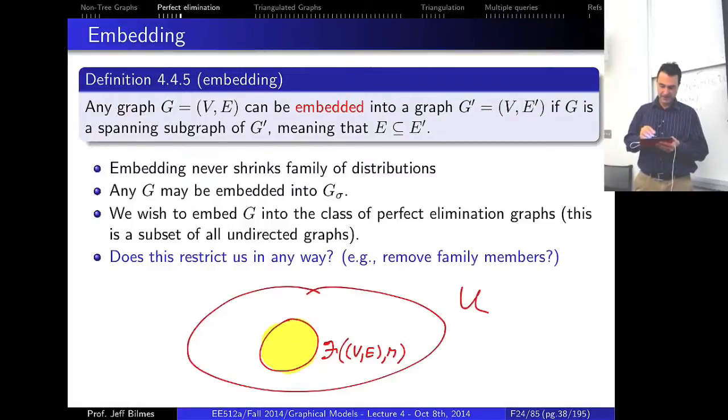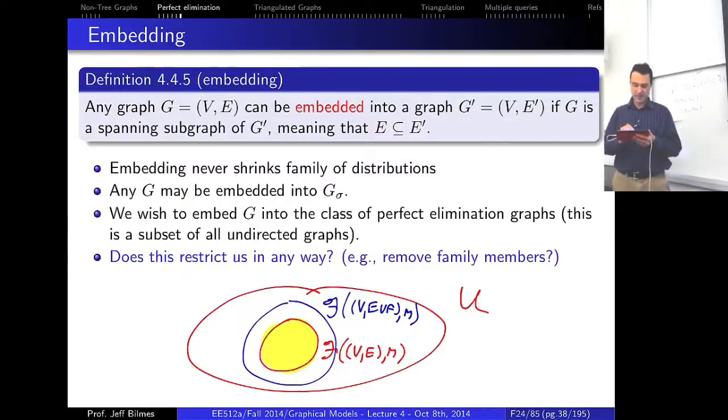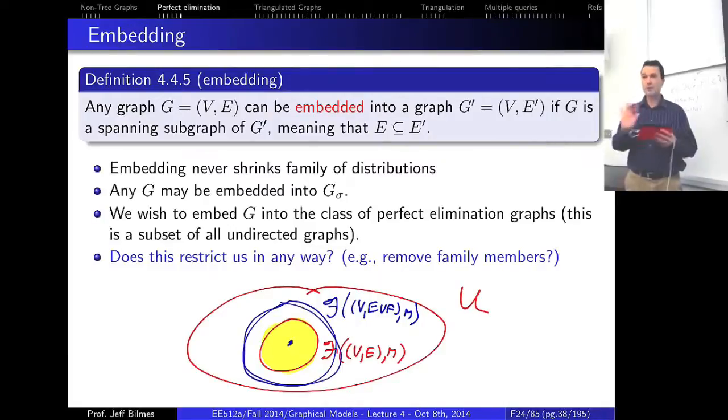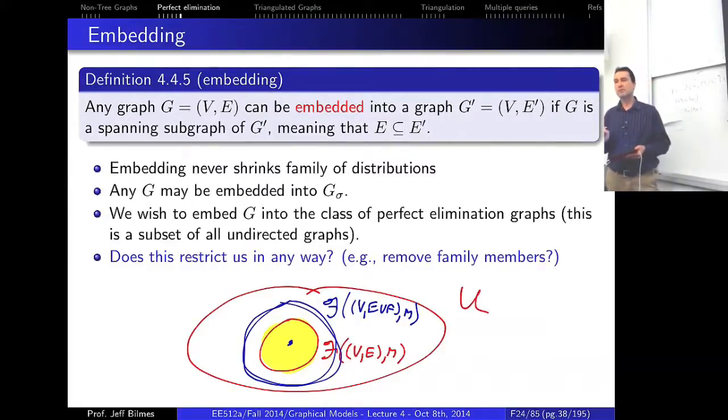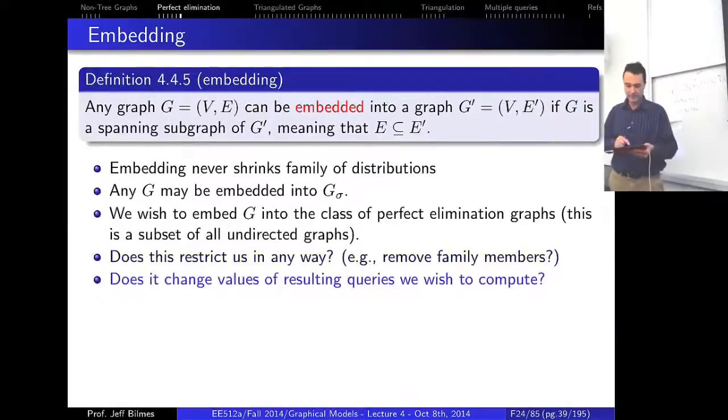Then we have a larger, necessarily larger family, which corresponds to the graph into which we're embedding the original graph. That basically means that any member of this original family is still a member of this larger family. So we are totally fine from the representational power perspective. We aren't decreasing our ability to represent distributions.